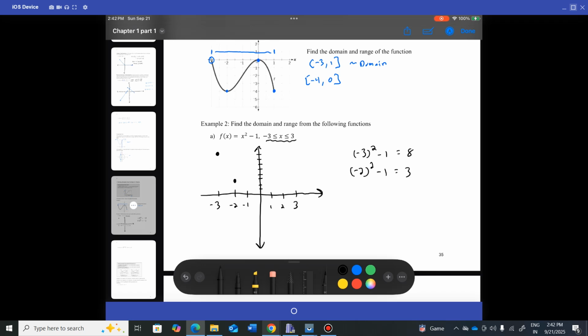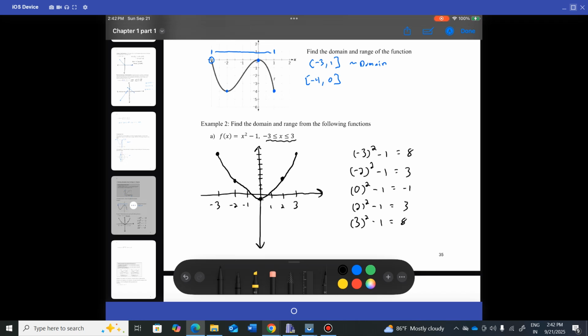At 0, we get -1. Actually, let me make that closer to the rest of the lines. Okay. And then at 2, we'll get 3. At 3, we'll get 8. And yeah, we could have graphed x equals 1, I just didn't. So we get this. Okay.